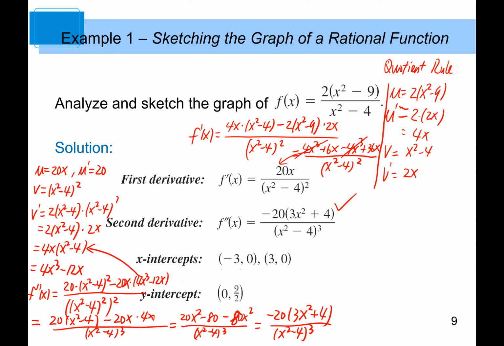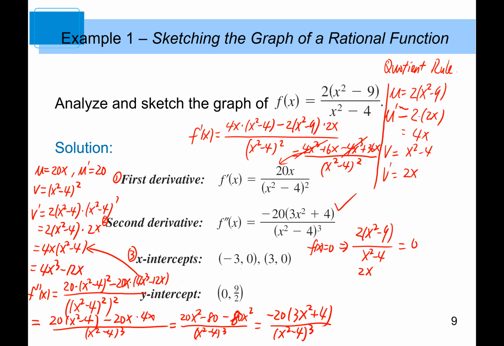And in terms of finding the x-intercept, first step is the first derivative, second step is the second derivative, third step is to find the x-intercept by setting f of x equals 0. That means (2x squared minus 9) over (x squared minus 4) equals 0.